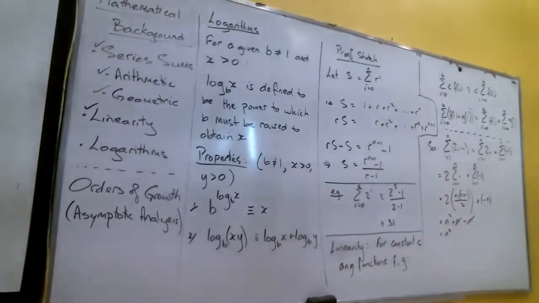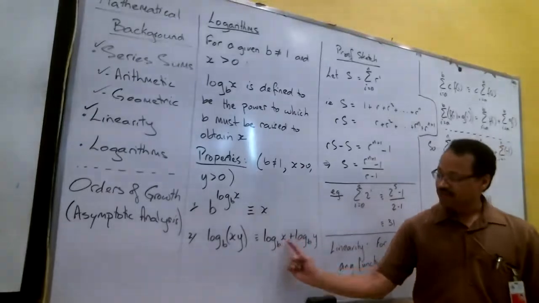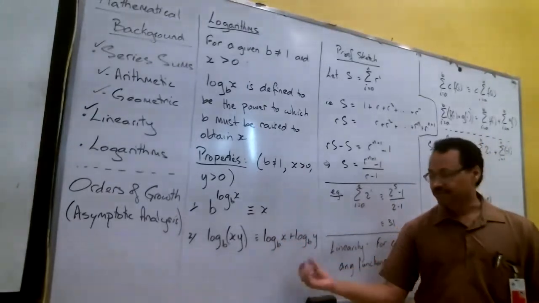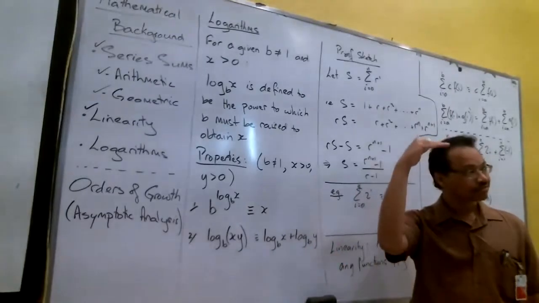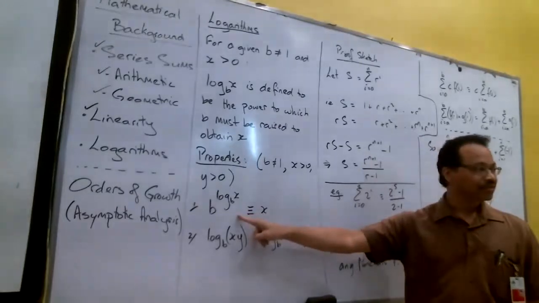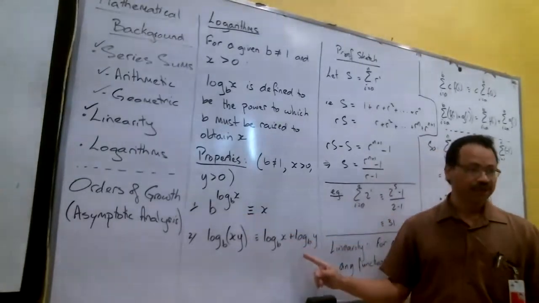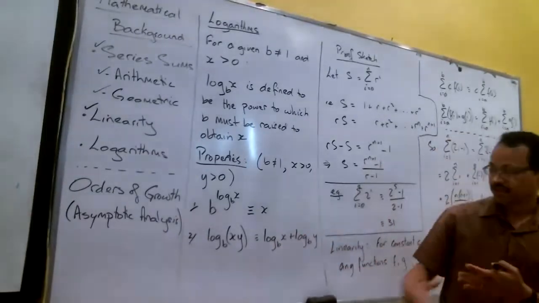Now you take the product of the expressions, right? So b raised to this right-hand side is really the same as b to the log x base b times b to the log y base b, because the plus is in the index now. And b to the log x base b is x, and b to the log y base b will be y. So then b raised to this will be x times y, which is what's there.